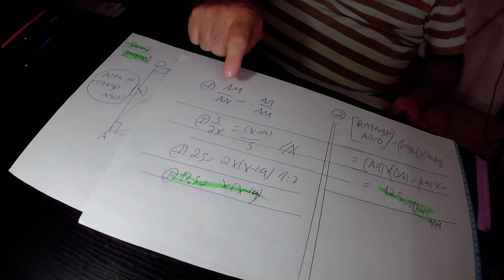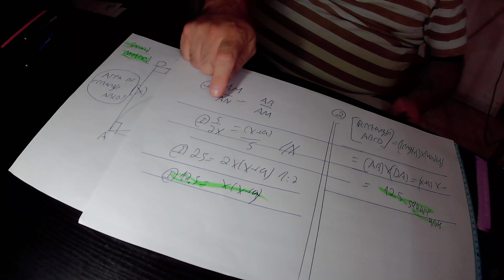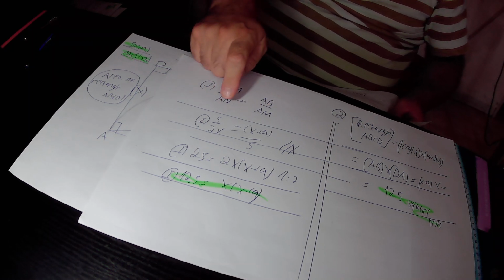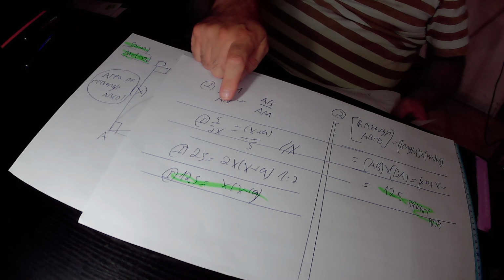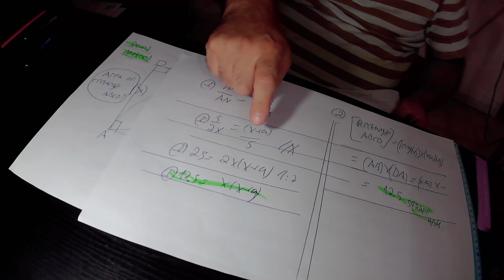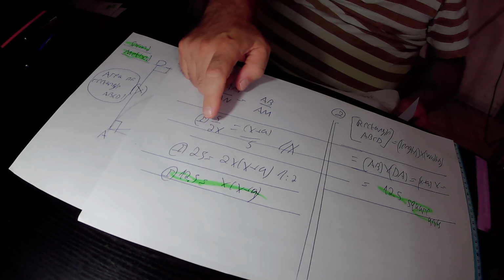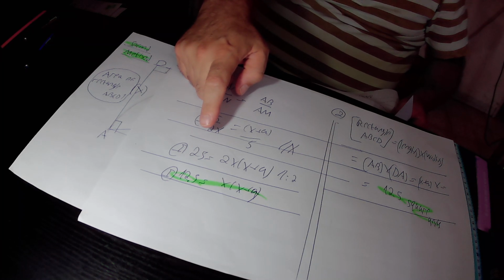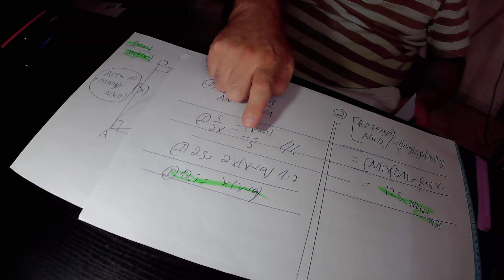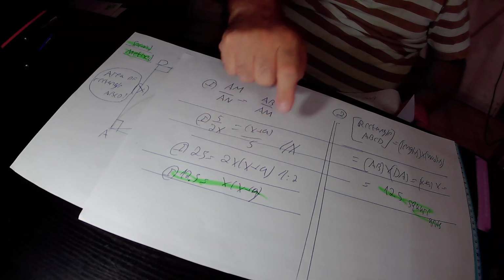AM is 5, AN is 2x, AB is x plus a, and AM is 5. So according to equation 1, 5 over 2x equals x plus a over 5. Here we cross multiply, and finally find that 5 times 5 is 25, so 25 equals 2x times x plus a. Here we divide this equation by 2, so 25 over 2 is 12.5, 2x over 2 is x, so in total this expression equals x times x plus a. So we found that 12.5 equals x times x plus a.